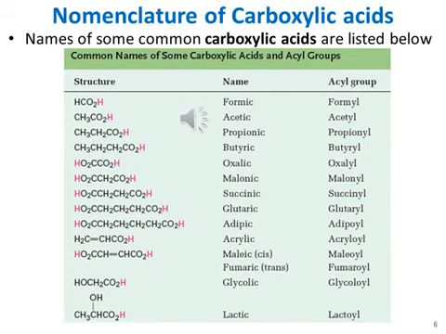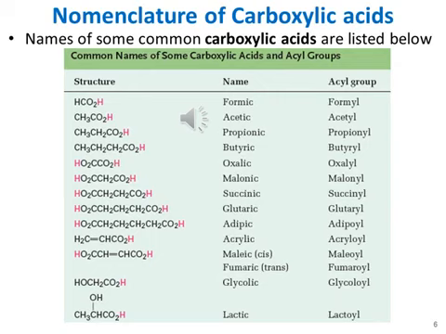Whereas in the malonic acid, you just add one methylene group, that is the CH2 group, and in the succinic acid, you add another methylene group, and so on. In the malonic acid, when it loses the 2 protons, the resulting anion is called the malonyl anion.